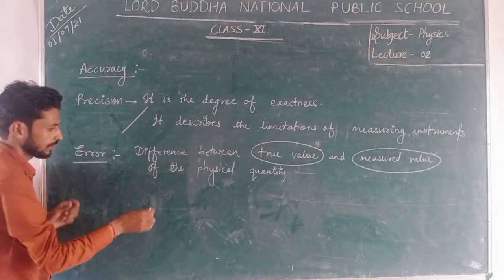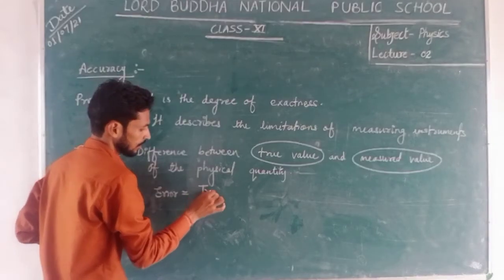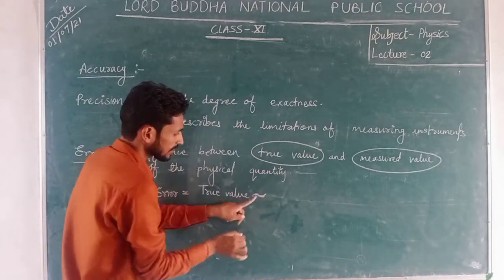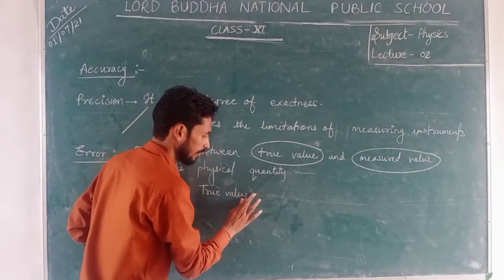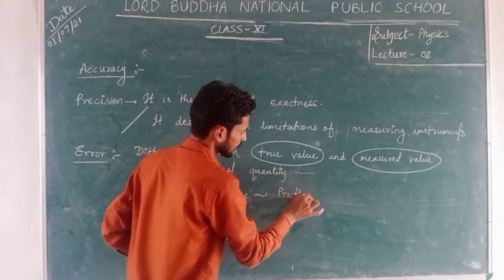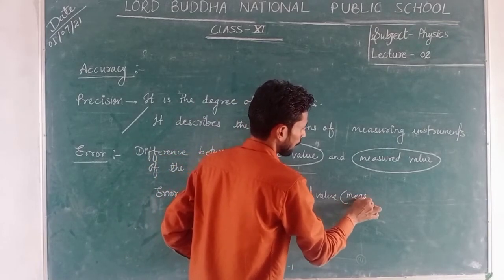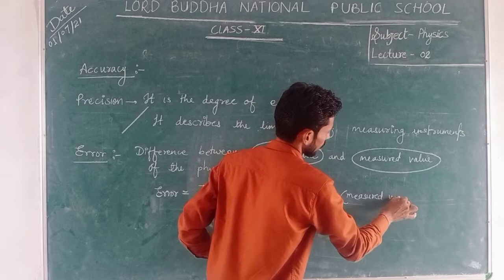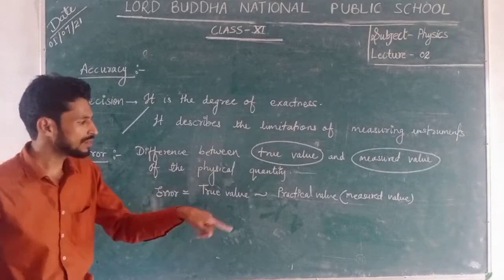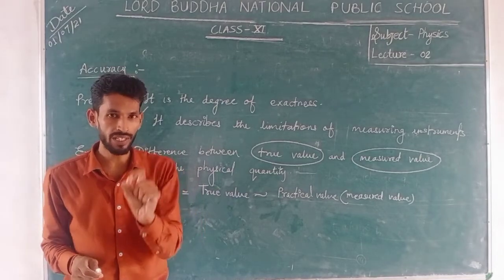So we can write here error equals the difference of true value, and write here the sign of difference, not minus. Always take the difference of practical value, that is also known as measured value. This term is known as error. Why are we taking the difference here? Because always remember that errors should not be negative.